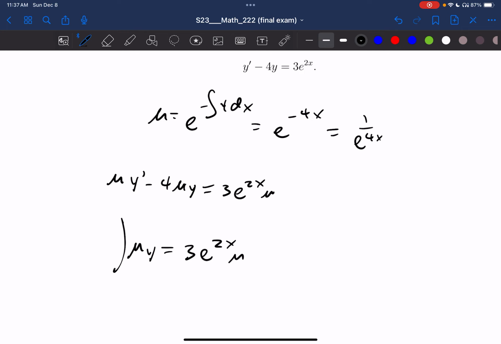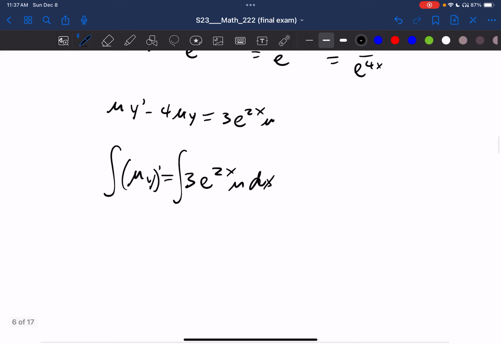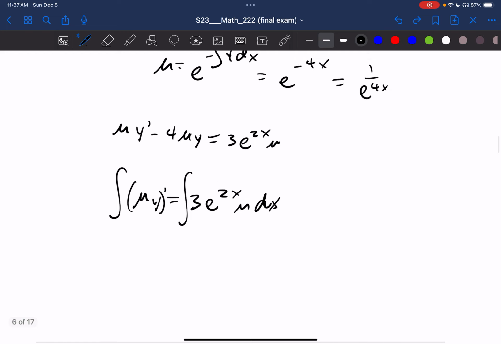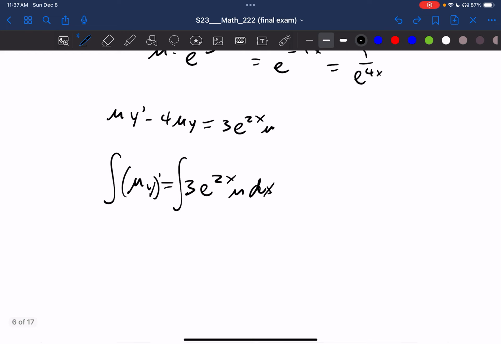Integrating both sides of this, on the left side, by the fundamental theorem of calculus, the integral of a derivative is just what's on the inside, so it's going to be mu times y. And mu, we said, so it's going to be y over e to the 4x is equal to, the right side is going to be 3e to the 2x divided by e to the 4x dx.